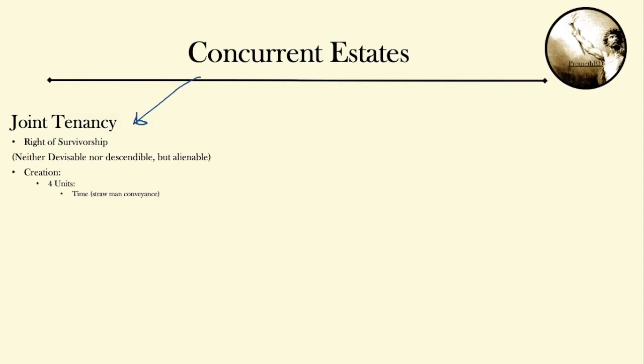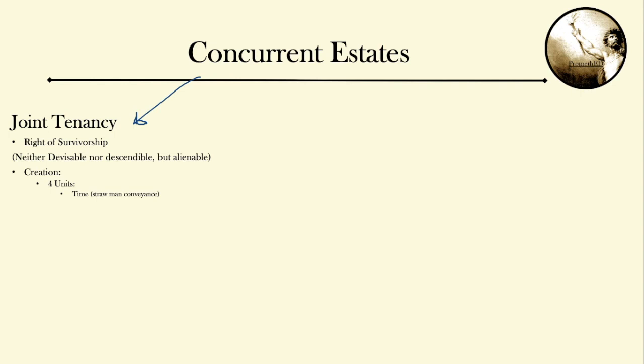That's why we can discuss here the strawman conveyance. At common law, the owner, for example, of a fee simple absolute, could not convey to himself and another one as joint tenants because of the four unities which are required for the creation of a joint tenancy.